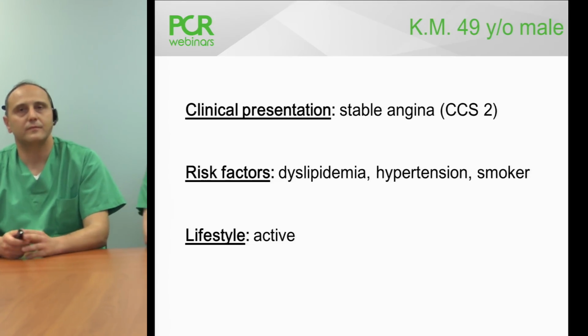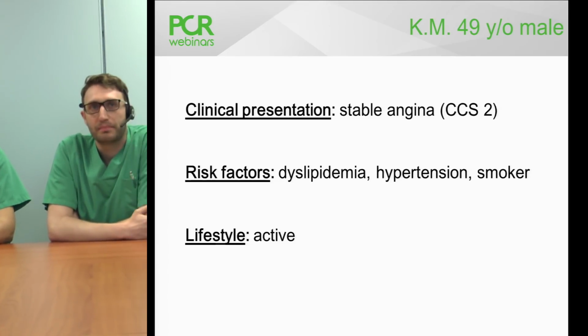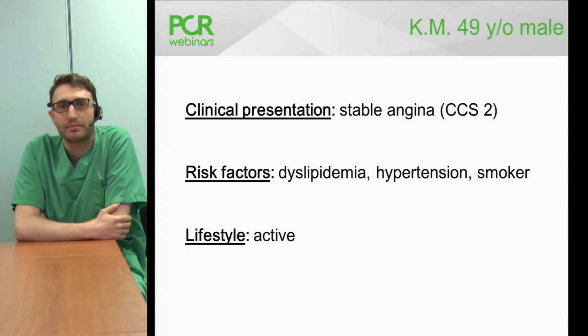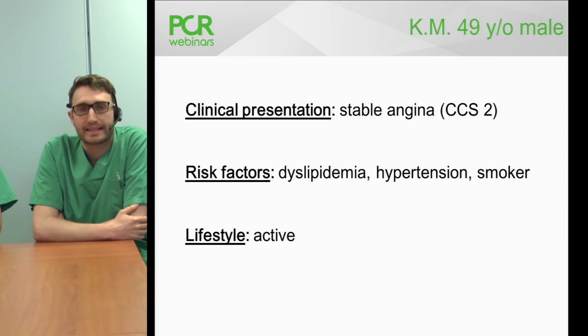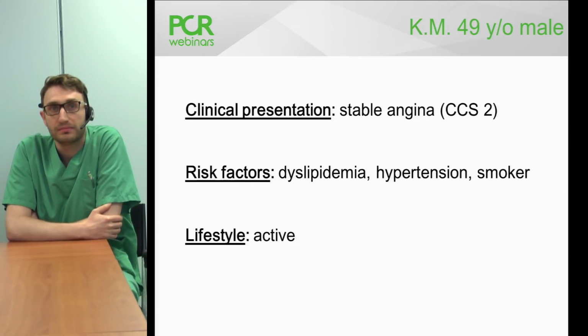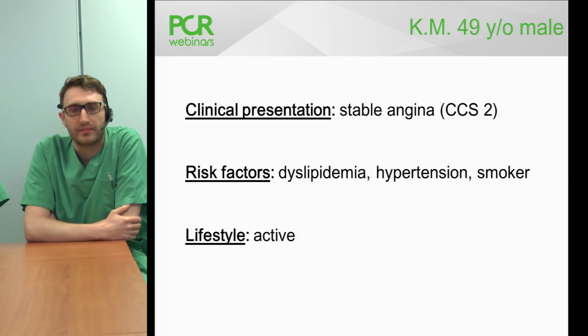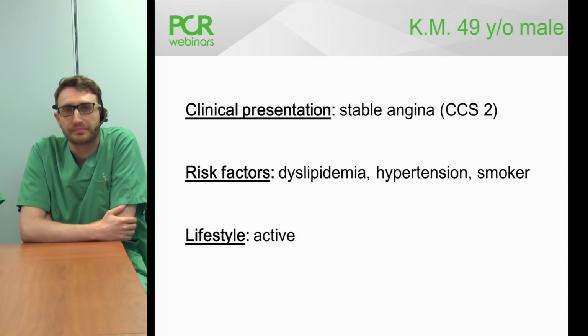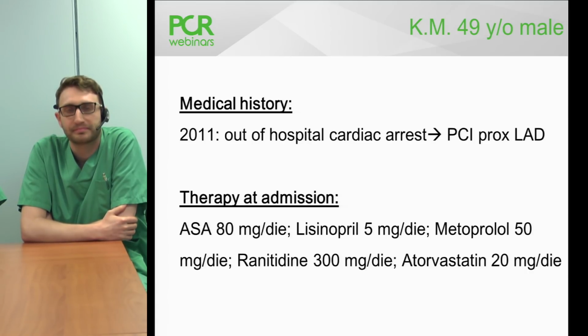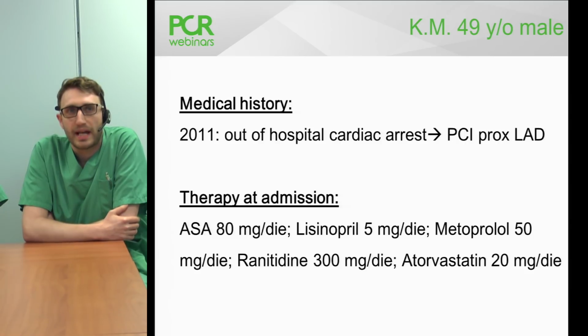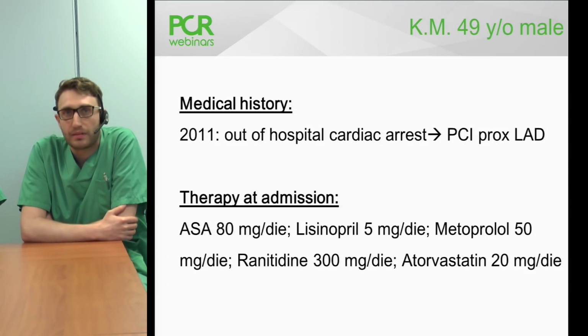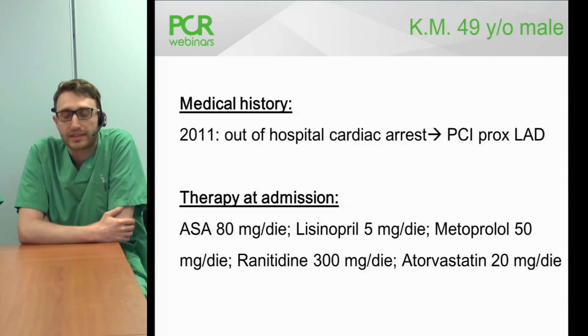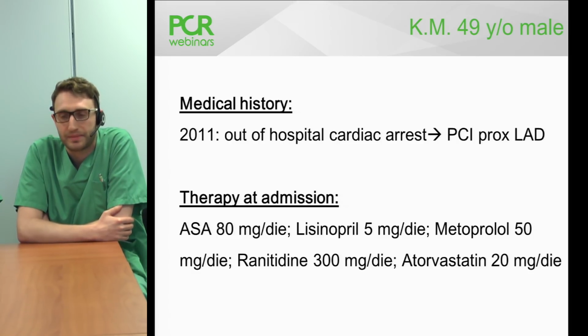Okay, we have a 49-year-old male patient presenting with stable angina. He has several cardiovascular risk factors and is an active man. In 2011, he had an out-of-hospital cardiac arrest and was treated with a PCI of the proximal left anterior descending artery.